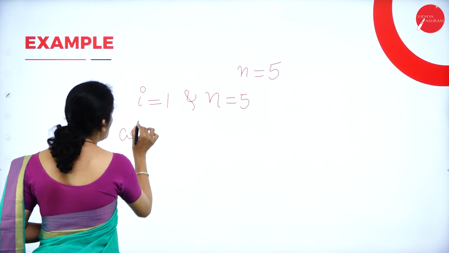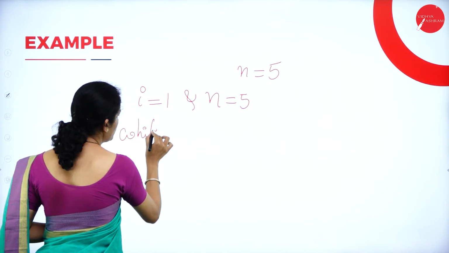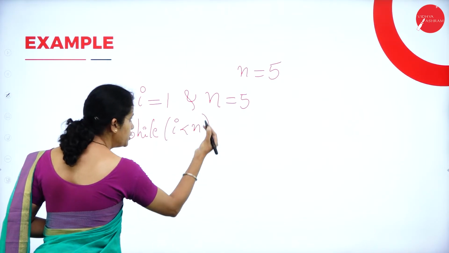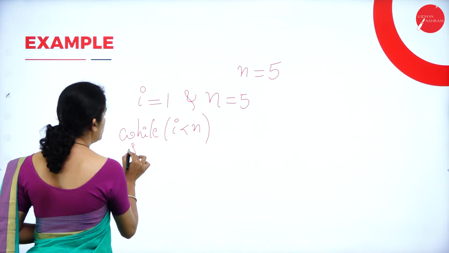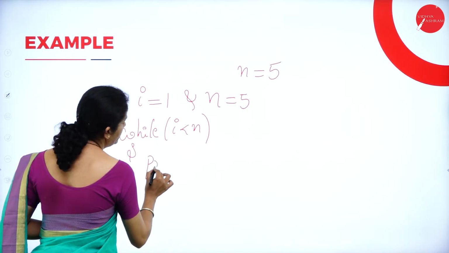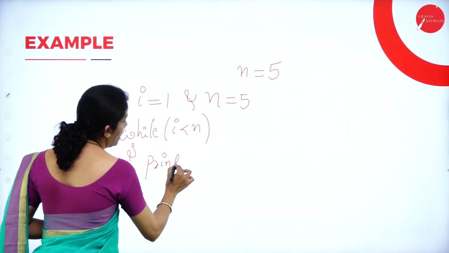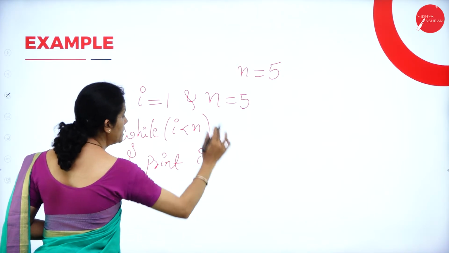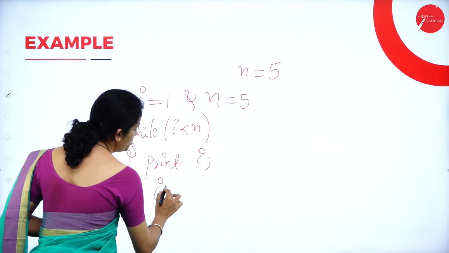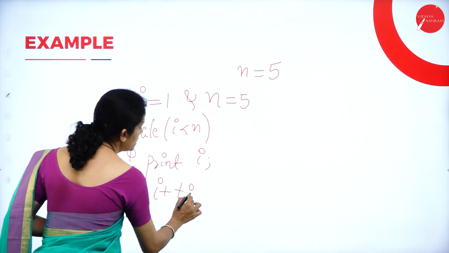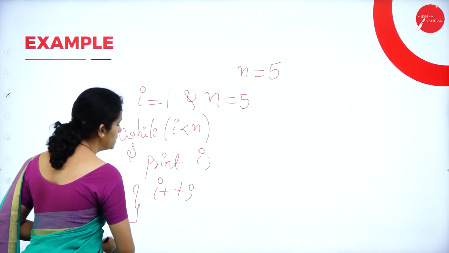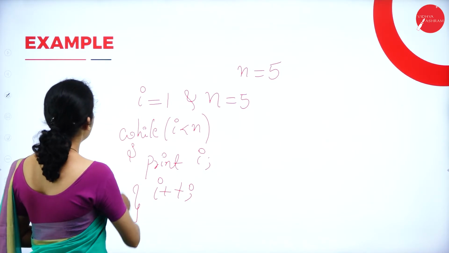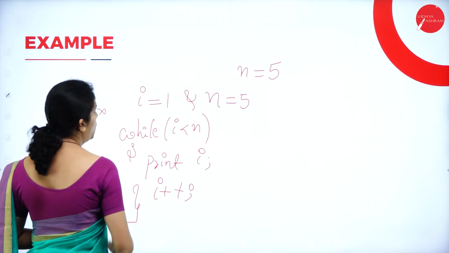Now, while i less than n, if this condition is true, then what do I want to do? I want to print i, then I want to increment i because I want to print my next number. For that, I'm going to increment i by 1. Now, this is the example code.